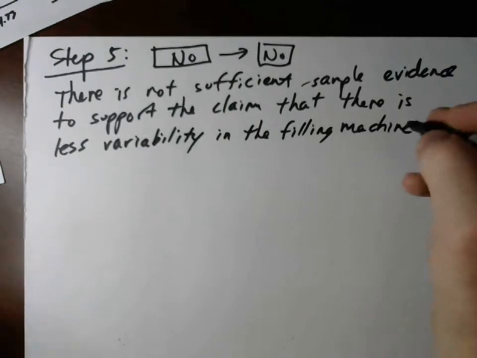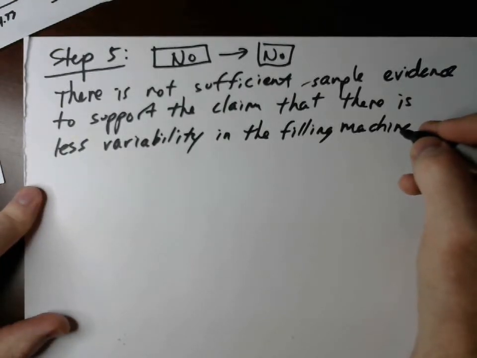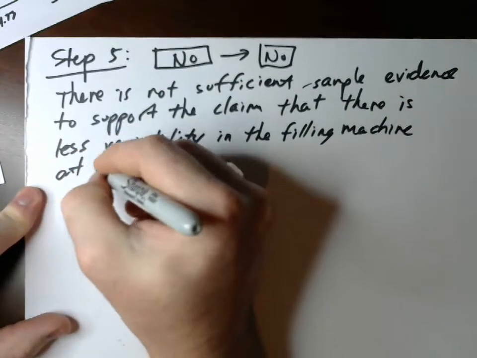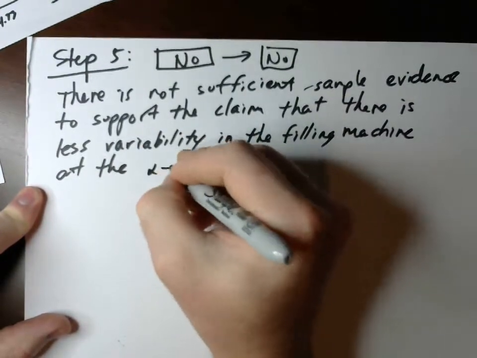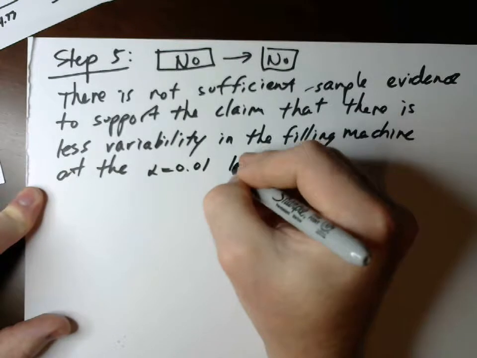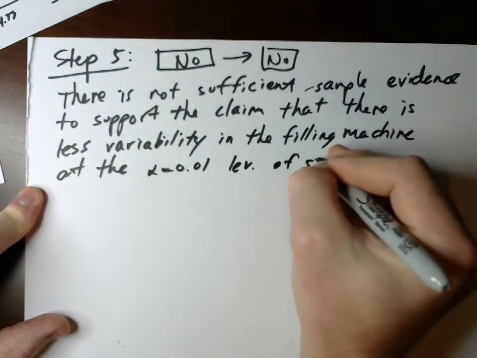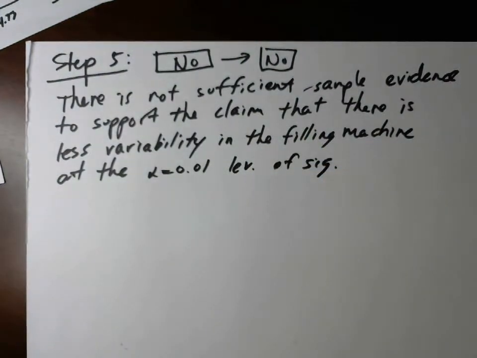Okay, and we can include at the alpha equals 0.01 level of significance. Okay, there we go. And that would be our conclusion for our hypothesis test.